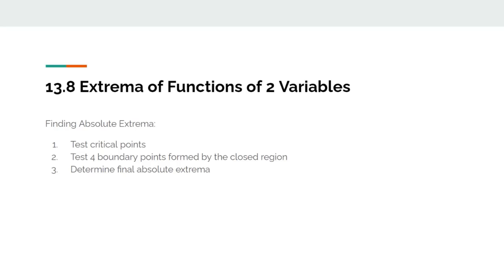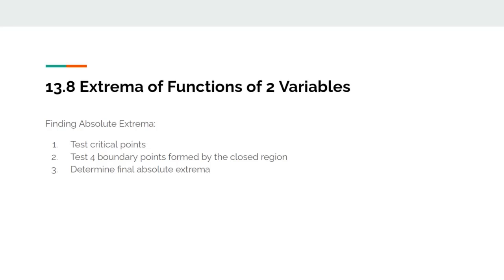Test critical points. Test boundary points formed by the closed region. Determine final absolute extrema. So test for critical points in the domain, in the interior of the domain. And then I don't know why it has to be 4 boundary points.